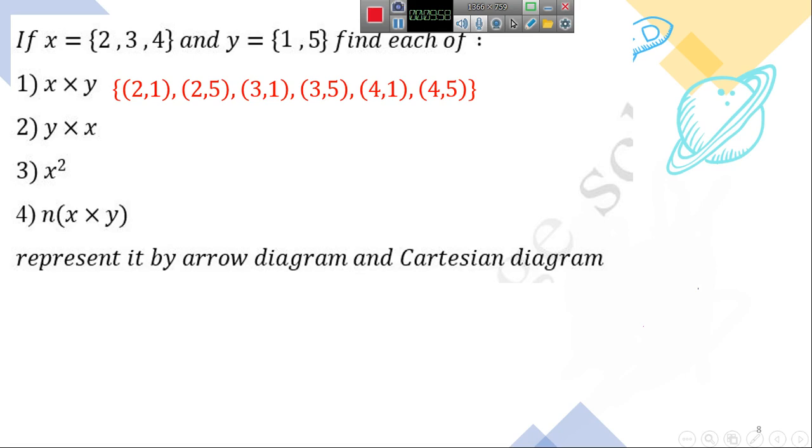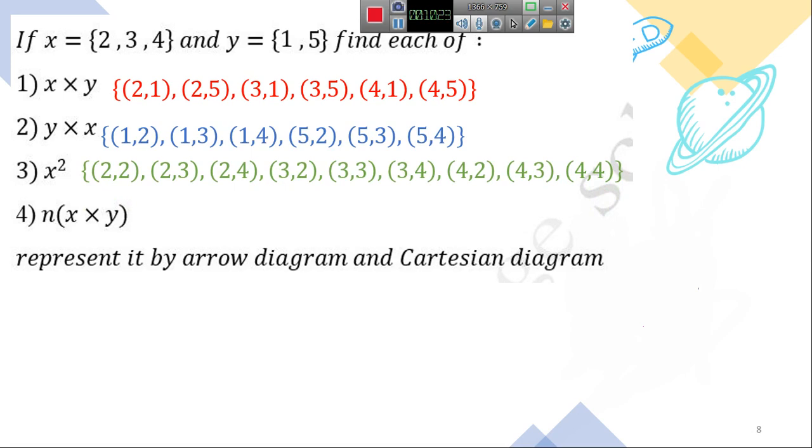To find y cross x, we will start with the elements of y first as first projections, then (1,2), then (1,3), (1,4), after that (5,2), (5,3), (5,4). X power 2 means x times itself, or x cross x.